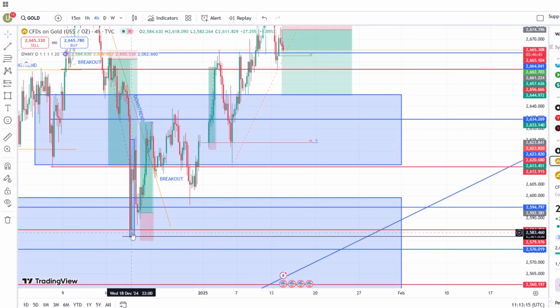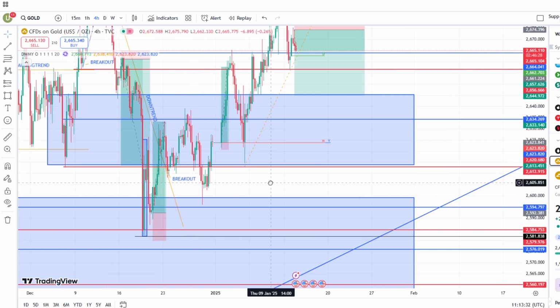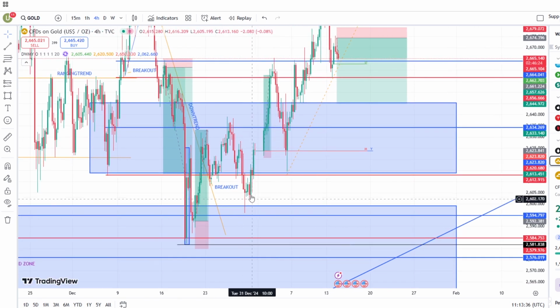And then from there, as you can see, the market reacted, went back up into the broken demand zone, and reacted to that broken demand zone as a supply zone, came down, bounced on the demand zone here, gave us some liquidity.